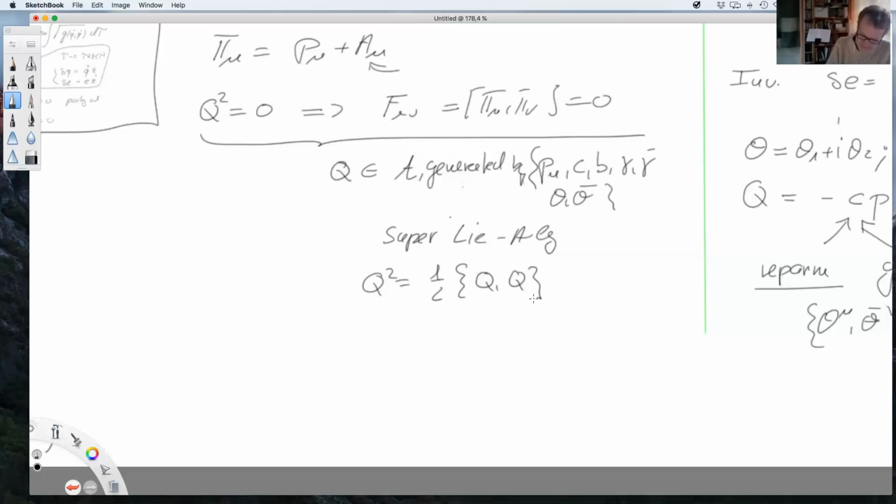And then I could ask the following question: write down the most general element in this algebra such that this is satisfied. So a nilpotent element of the algebra, you could say. Okay, we could do that. I'll come back to this again in a moment, but for a moment, let me go back first.